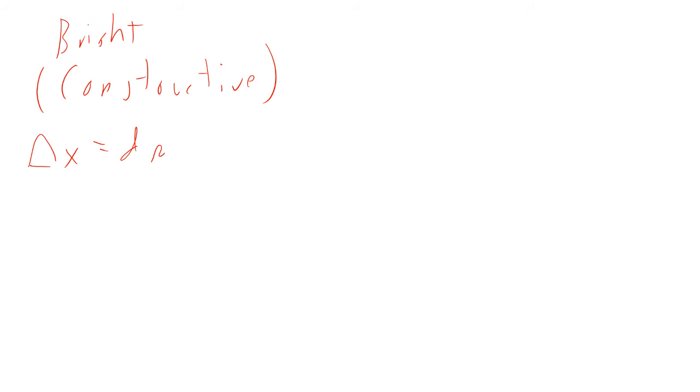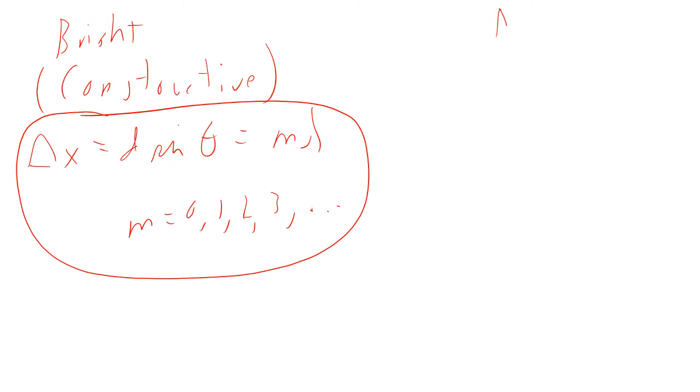Okay. And so this bright, dark pattern, we could say we have bright, that's going to be constructive interference. That's going to occur whenever the path length, that's d sine theta, is equal to some integer times the wavelength, where the integer is 0, 1, 2, 3, etc. It's going to be dark, so that's going to be destructive interference.